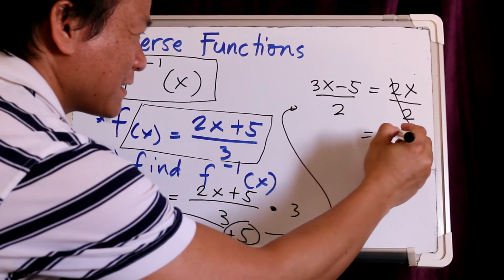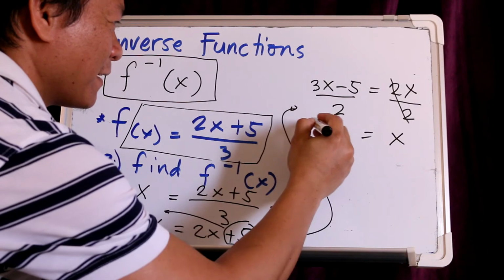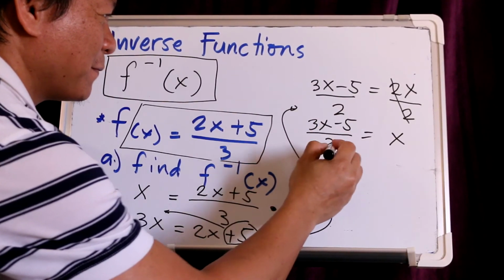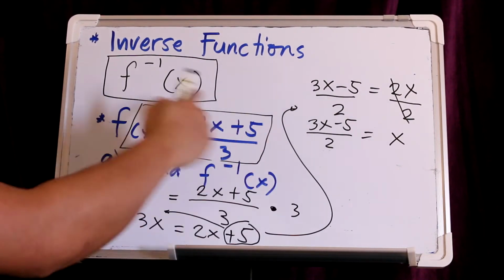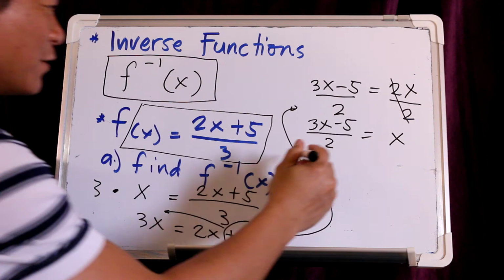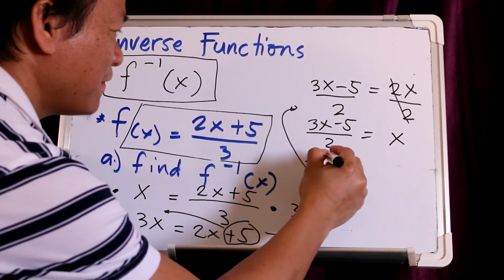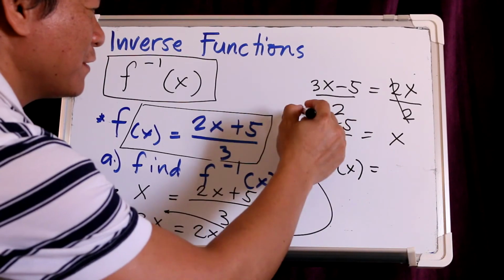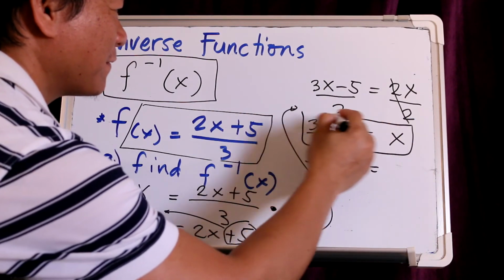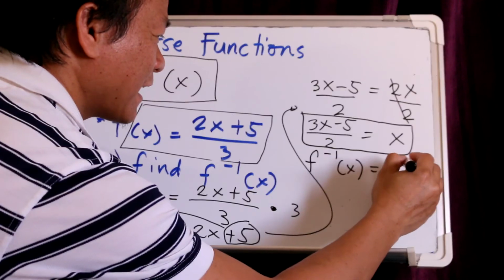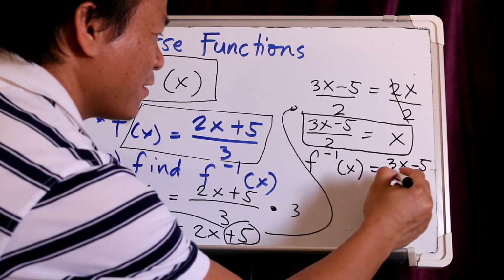So you will have this x equals 3x minus 5 over 2. Then rewrite it in the proper way. So you are going to have f negative 1 x is equal to this one right over here. So you will have 3x minus 5 over 2.